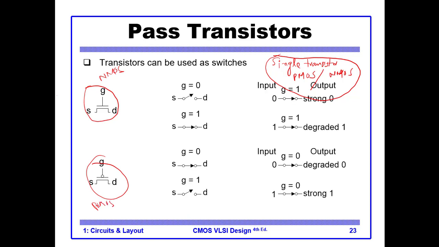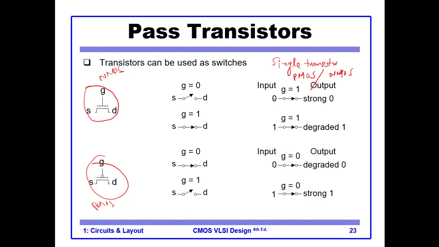And what is the advantage of using them? They can be used as switches. For example, when the gate is 0 for PMOS, it is open. When the gate is 1, it is closed.